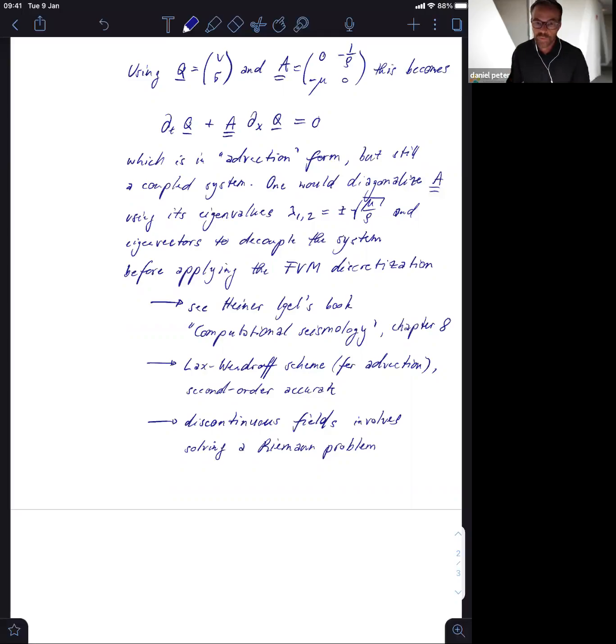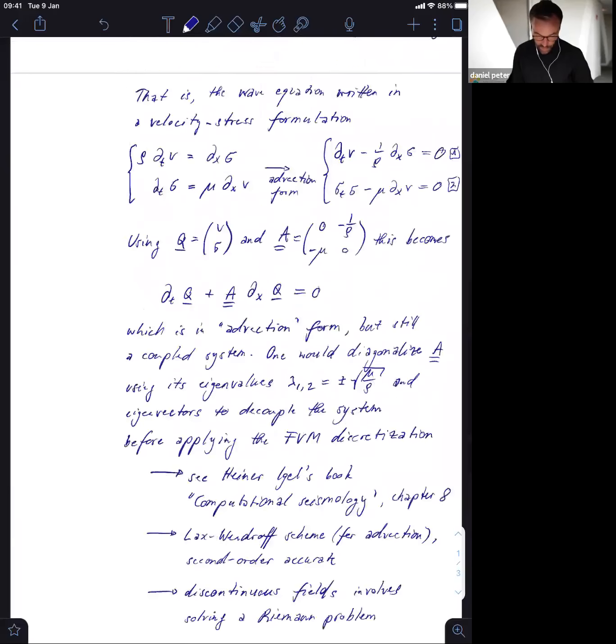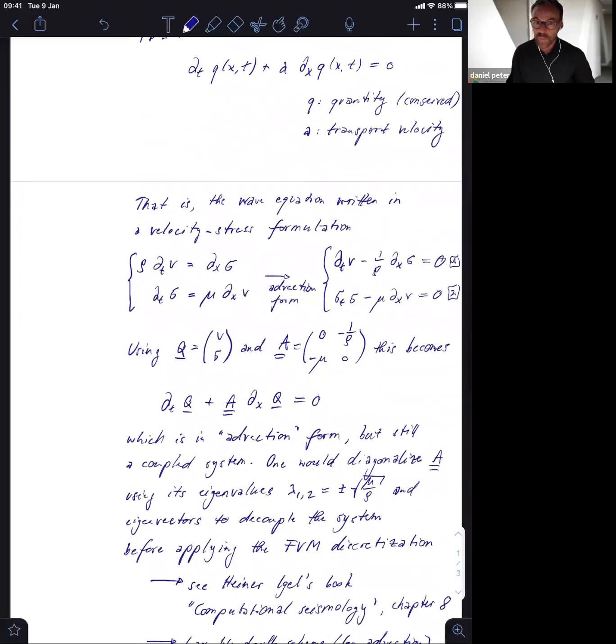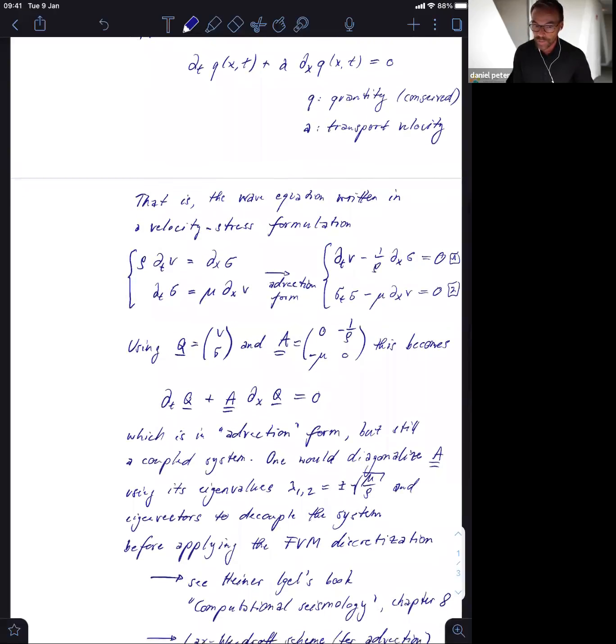So that's what you would find, for example, described in Heiner's book, and also in Randall LeVeque's book, which he refers to as well. So we can put this as an advection problem and then use basically the approaches for advection, how to solve those problems with a finite volume approach.